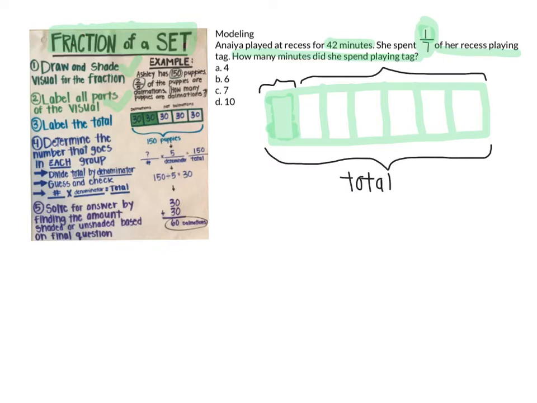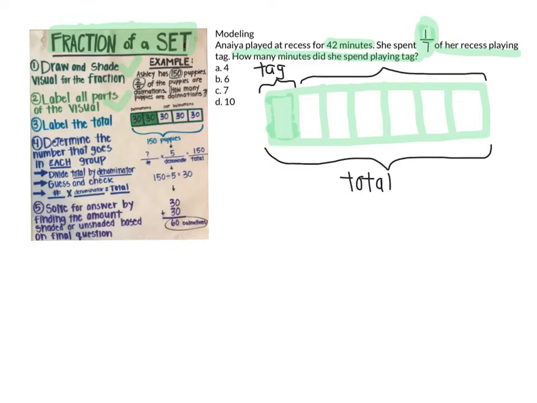So I know that Anaya played at recess for 42 minutes. She spent 1/7 of her recess playing tag. So this one piece that we shaded, this 1/7, is the time that she spends playing tag. So I'm just going to write tag.